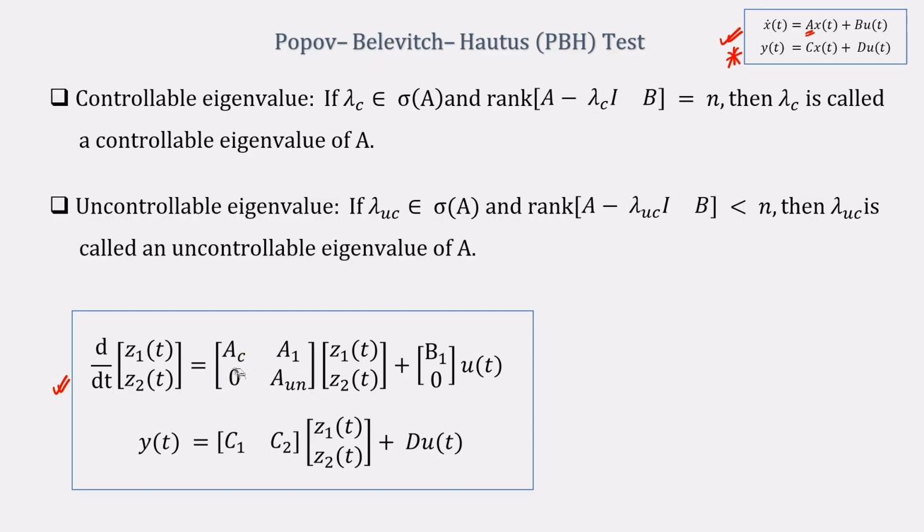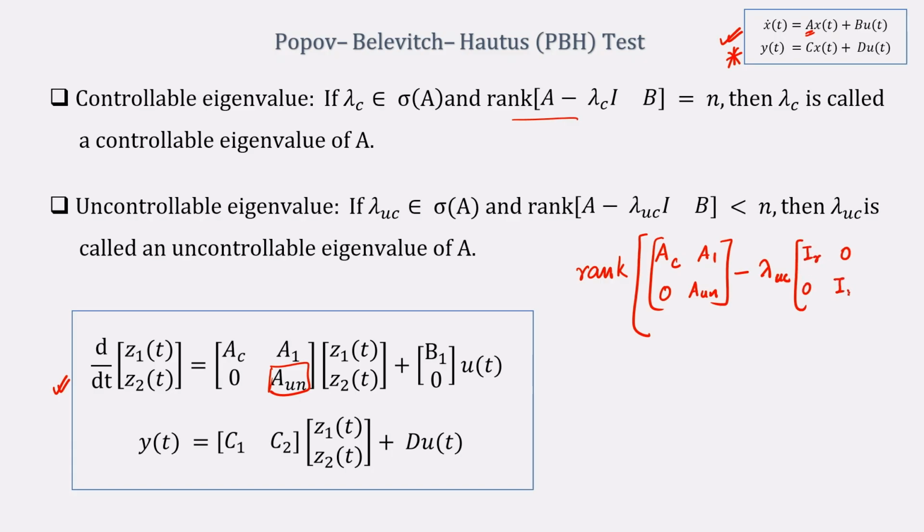Now, suppose I take an eigenvalue from this part, and use this test, say the rank of the matrix [A_c minus lambda_uc I_r, A_1, B_1; 0, A_un minus lambda_uc I_(n-r), 0]. This will be the rank test.